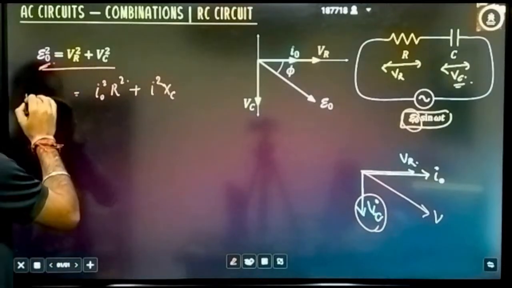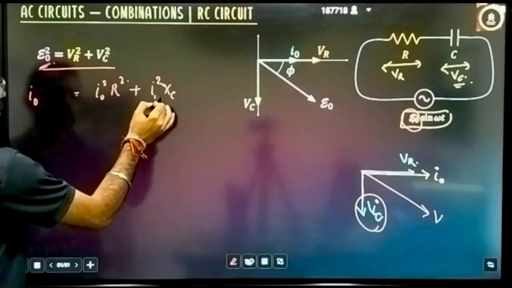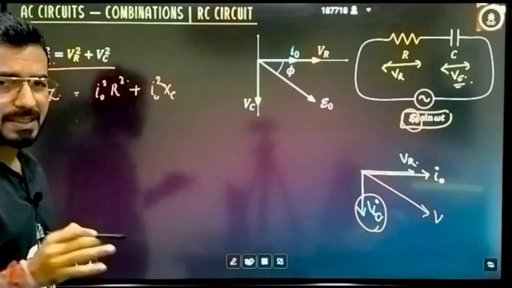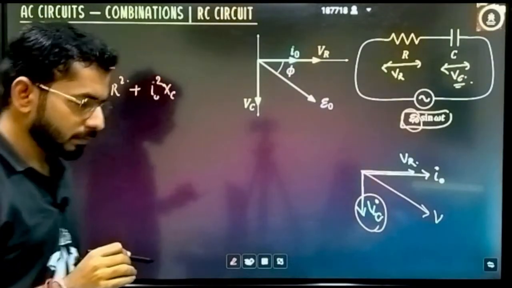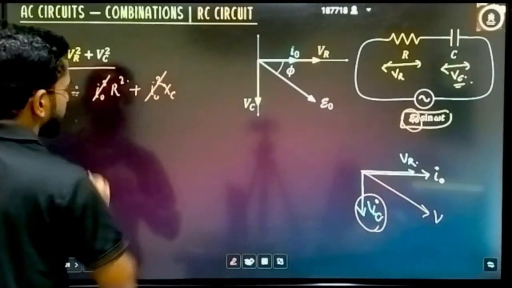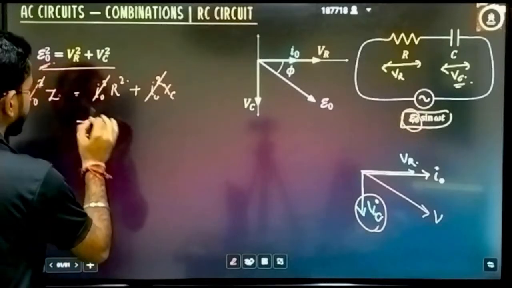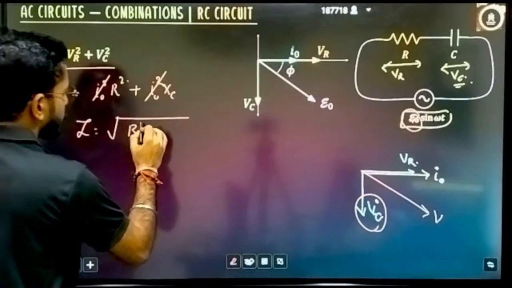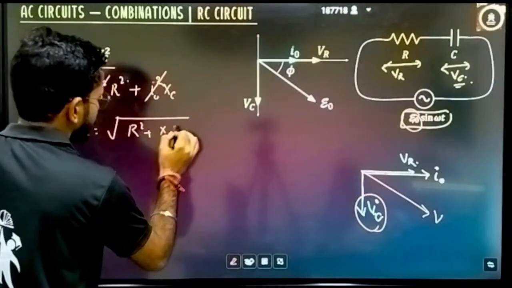And E naught square will be I naught square into Z square, where Z is the net impedance present in the circuit. I naught square cancels on both sides. And Z square will be R square plus XC square.